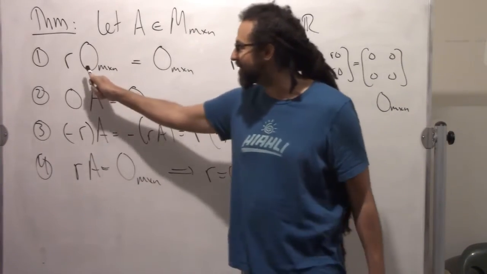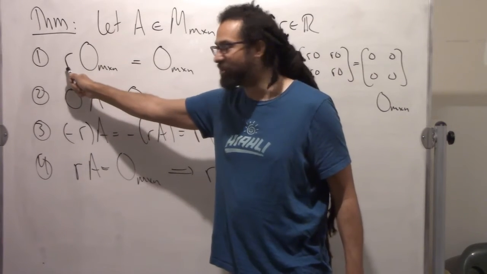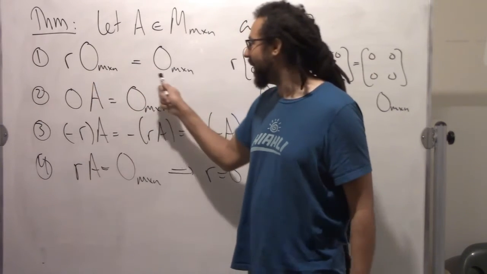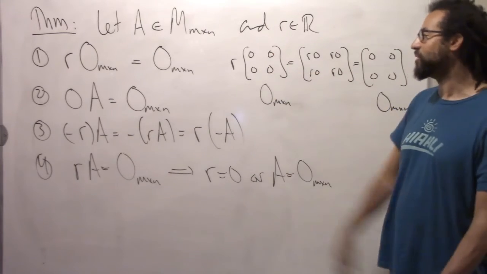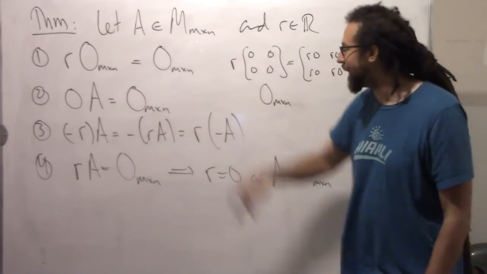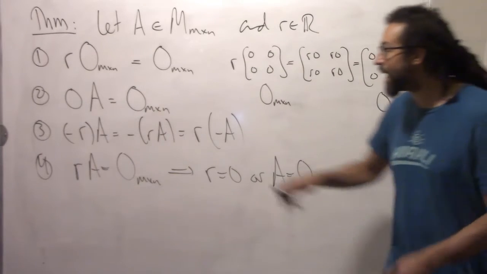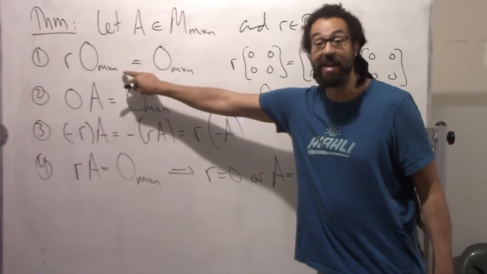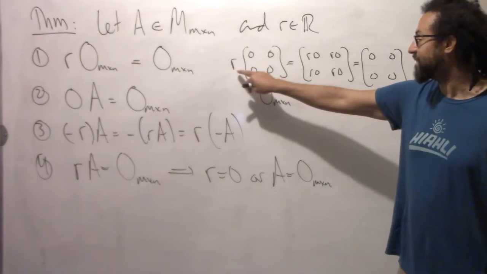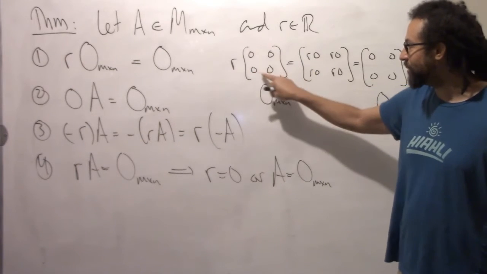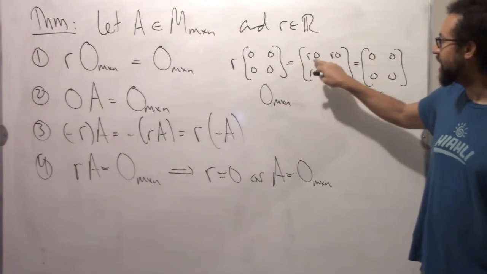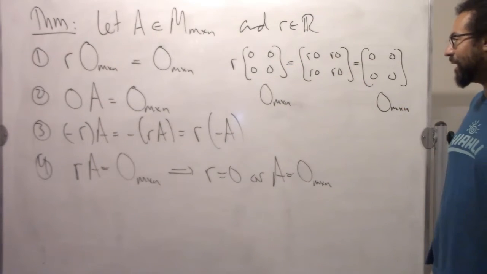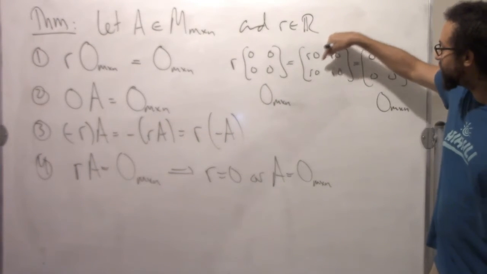First of all, if I scalar multiply the zero matrix by any real number, I'm going to get the zero matrix. And here's sort of the reason why. Just using a 2 by 2 case, we can get a feel for why this is true for any size matrix. So if I take R and scalar multiply this 2 by 2 zero matrix, that's the same thing as multiplying every entry by R. So now these are just real numbers.